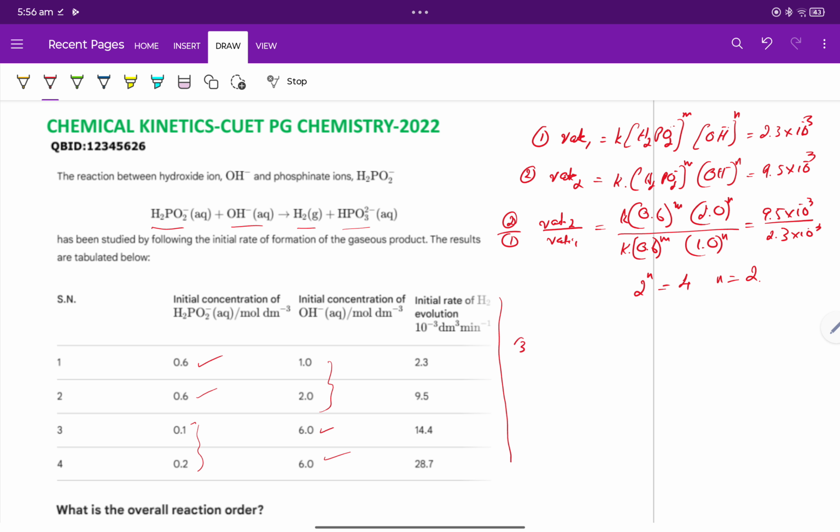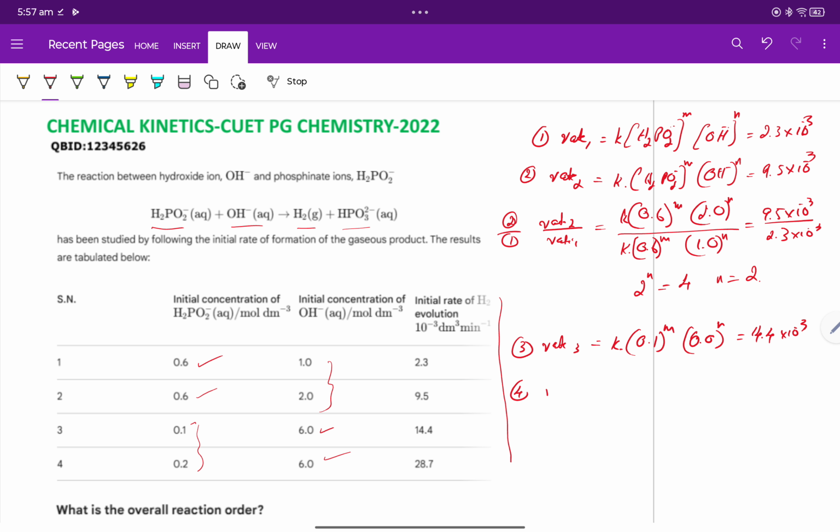If I write equation 3, rate 3 will be equal to K into, substituting the concentrations directly, 0.1 to the power of m by 6.0 to the power of n, equal to 14.4 into 10 to the power of minus 3.